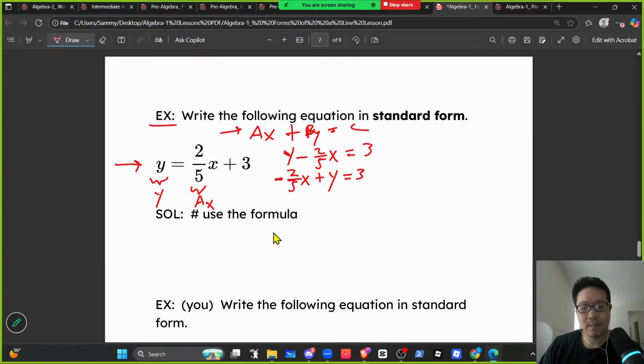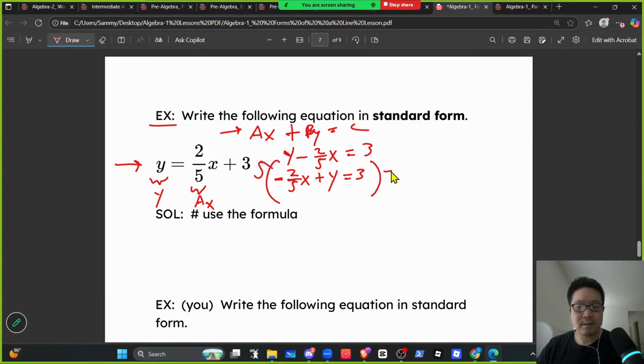What did we do before to get rid of fractions when solving equations? Multiply the entire equation by the denominator. Yeah, the least common multiple of the denominators, which is 5, because the denominator of y is 1 and the denominator of 3 is 1. So it's just 5.